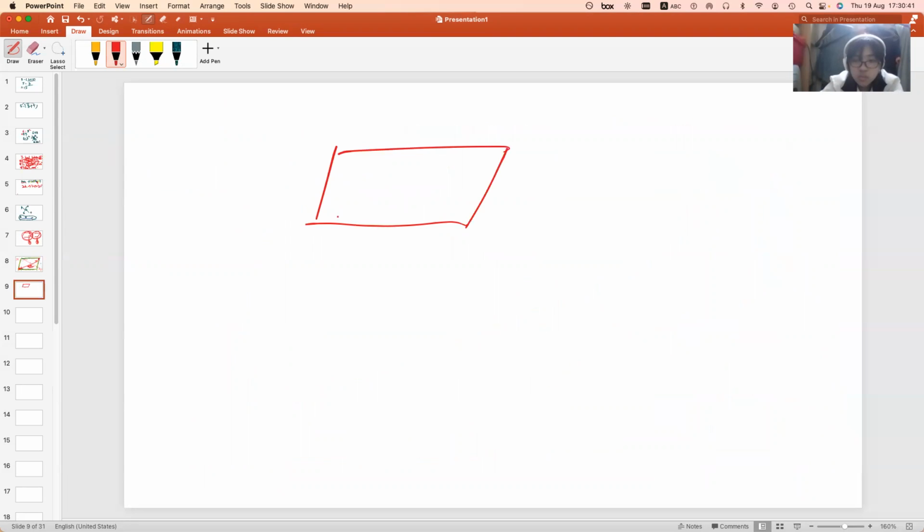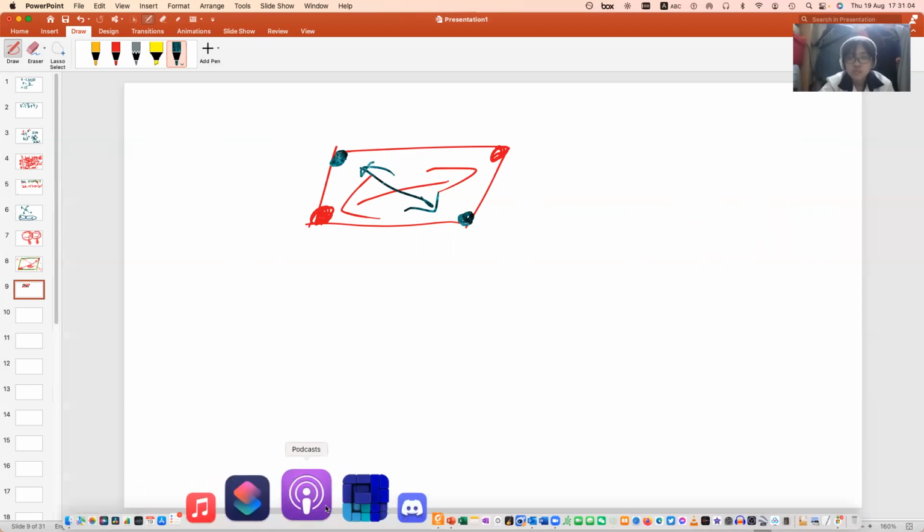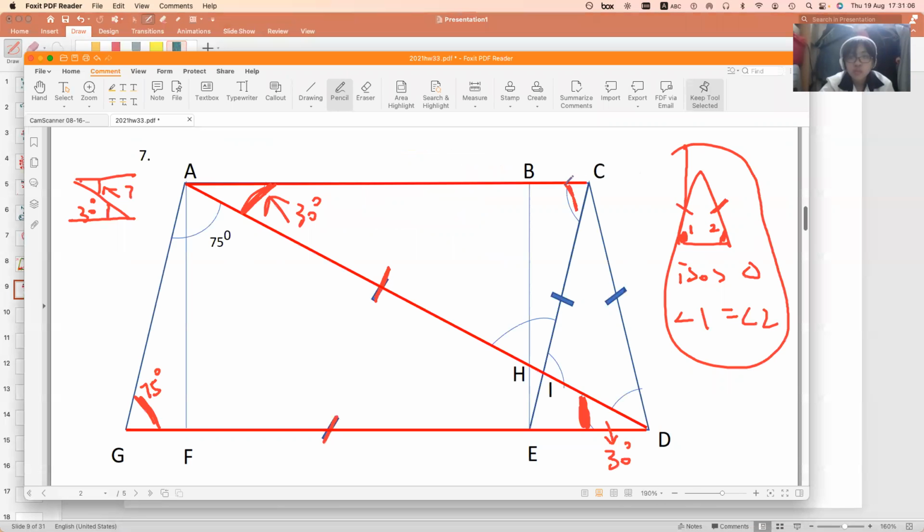If you have a parallelogram, this angle is equal to this angle because they are opposite to each other. And this angle and this angle are also opposite to each other. So therefore, they are the same. So that one is also 75. This one also 75, because this one is opposite to this one.